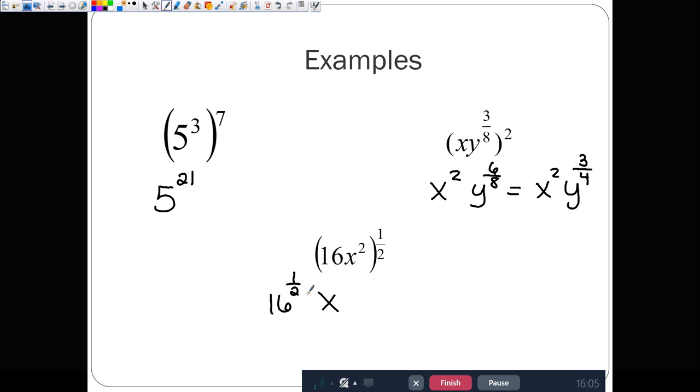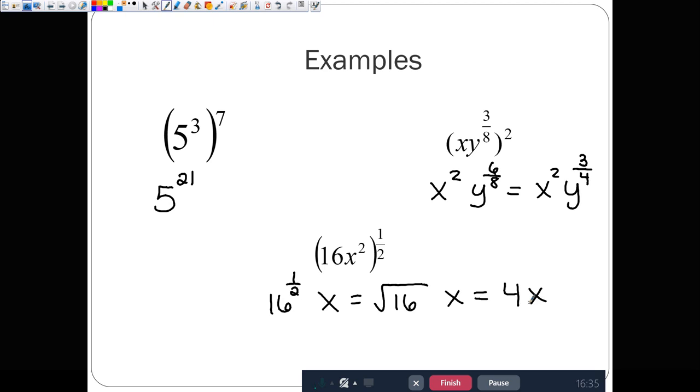So that's going to become 16 on the inside of my radical, and then my exponent's 1, and then my index is 2, so it's just a square root. But we still have the x on the outside, so what is the square root of 16? 4. So it becomes 4x. So 16x squared, all raised to the 1/2, becomes 4x.